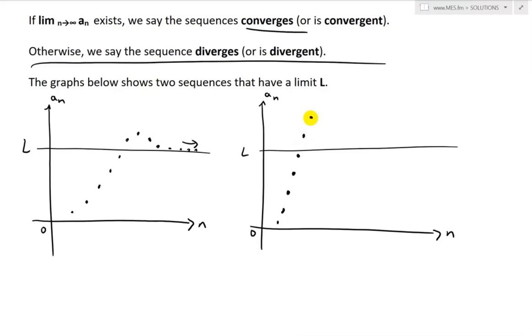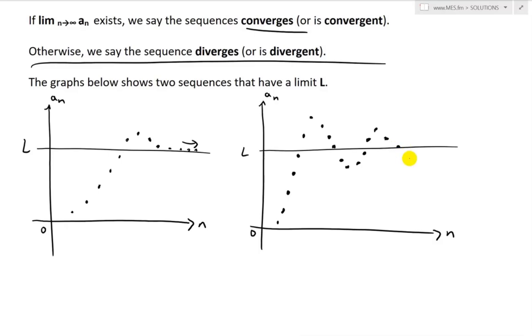This one could oscillate. As you can see, it's just oscillating around the limit.